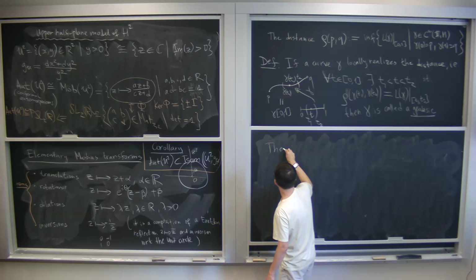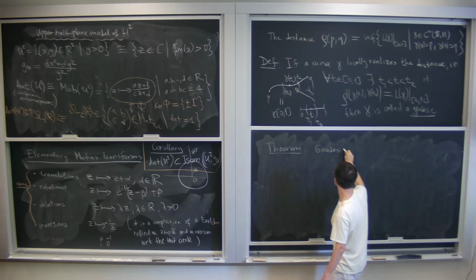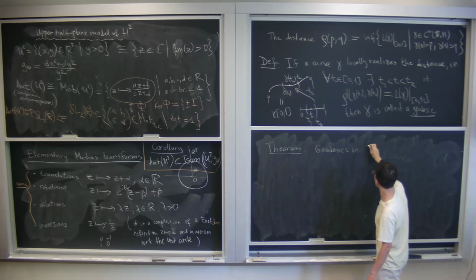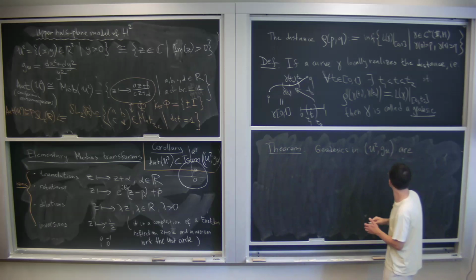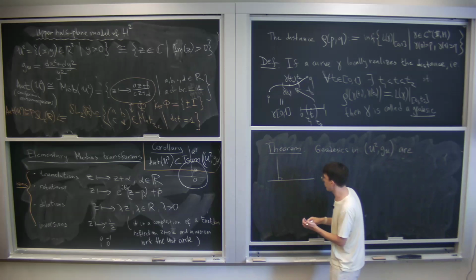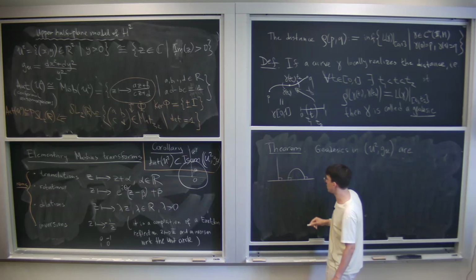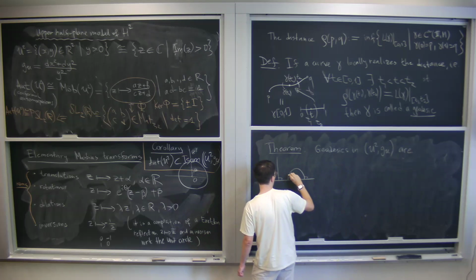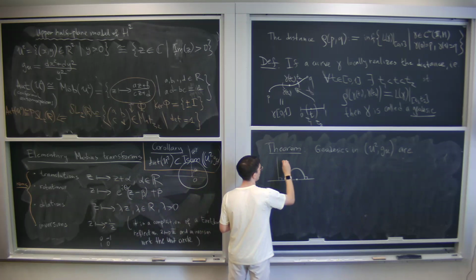This is the theorem: geodesics in the model U2 with the metric GU are either vertical lines orthogonal to the boundary, or circles orthogonal to the boundary, meaning not the entire circle but a circle arc such that the center belongs to the boundary. So these are two types of geodesics.